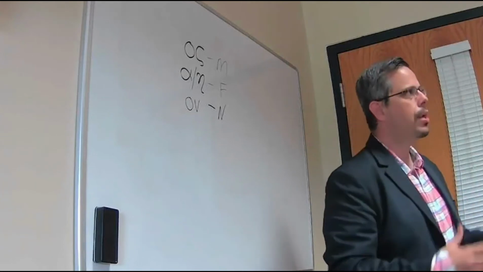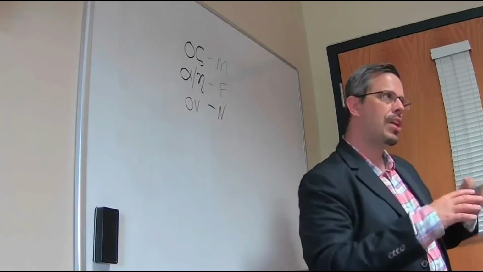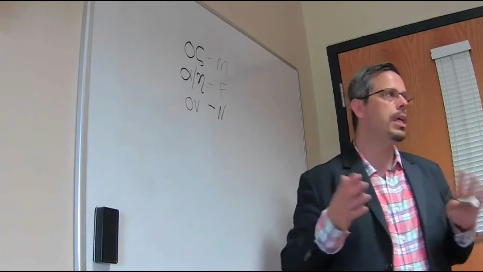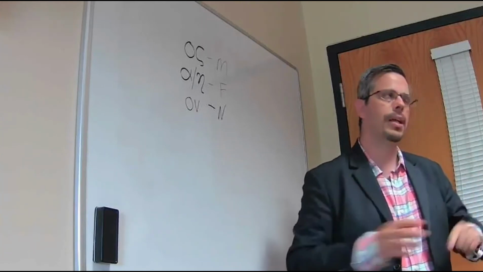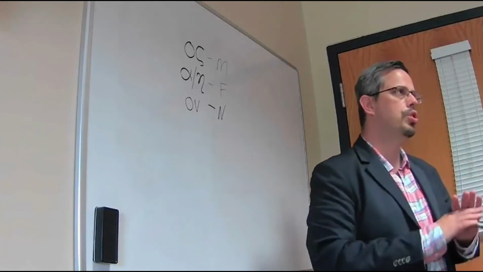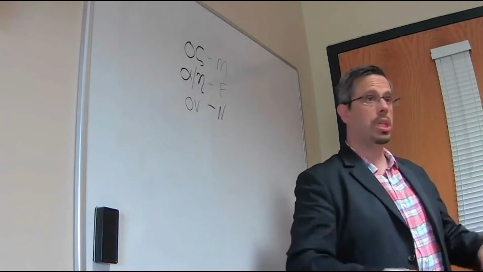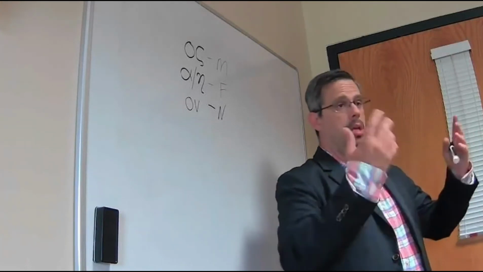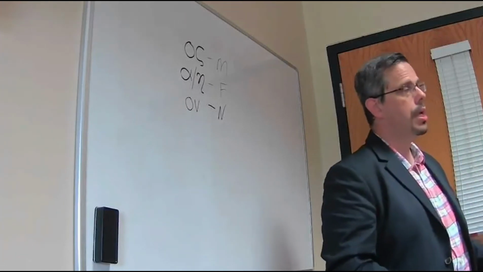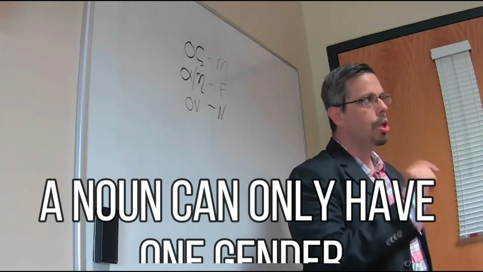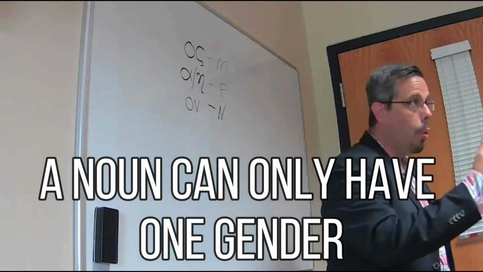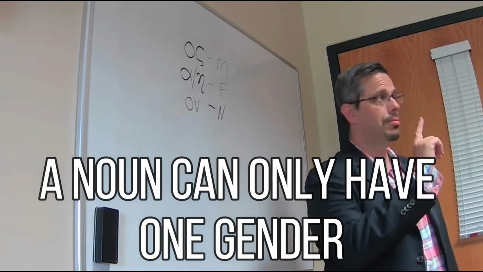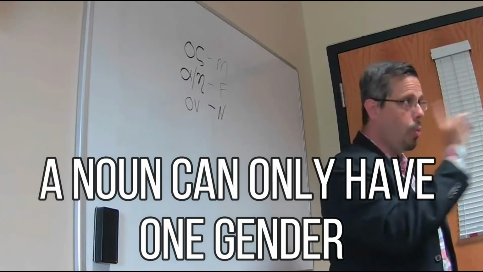This is grammatical gender. That's different than natural gender. Sometimes we'll see that, sometimes it's reflected, but you can't count on that. So just know some words are masculine, some words are feminine, and some words are neuter. And that's just the way it works. And a noun will only have one gender. One and only one gender.